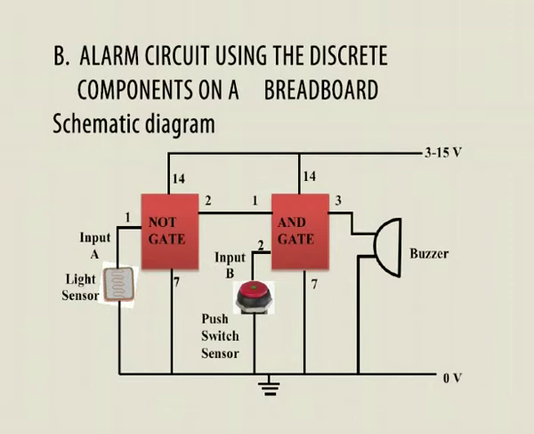Now when we are done, we shall then connect the positive terminal of our power supply to the top row on the breadboard where we have connected the pin 14s of the NOT gate and the AND gate, and then connect the negative supply to the bottom row on the breadboard, which represents the ground. So looking at the diagram on your screen and with the explanation received so far, try implementing this on a breadboard as an assignment.